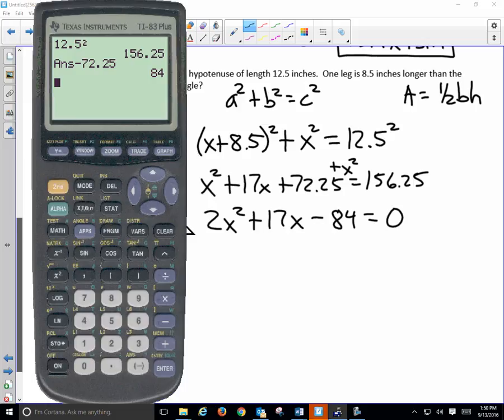So 8.5 times x and 8.5 times x, you'll add together to get a total of 17x. 84 factors of, I guess I think of 21 and 4, and then 12 and 7, huh? So how about 12 and 7?